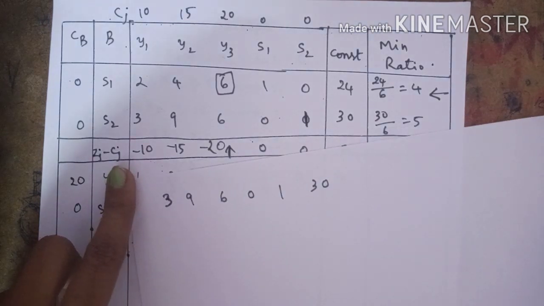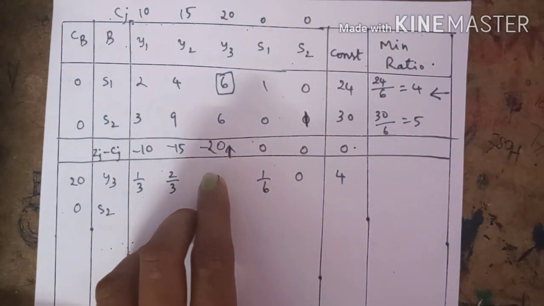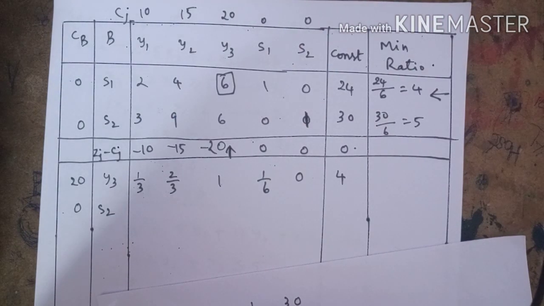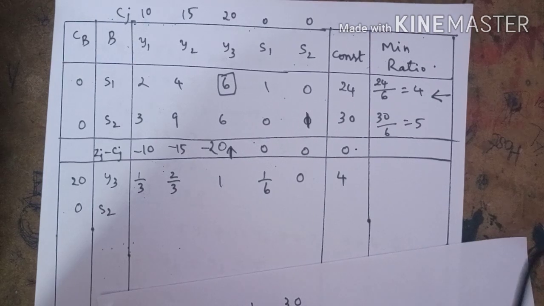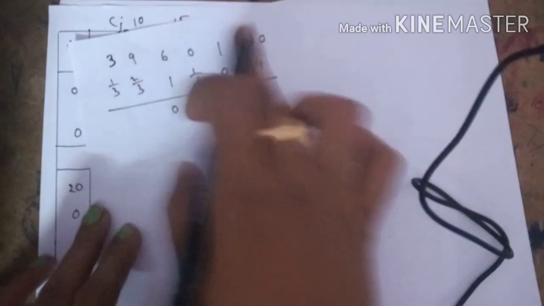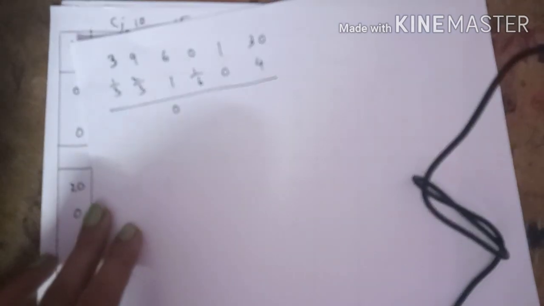Then after converting the pivot element into 1, whatever row you have got, we should write: 1 by 3, 2 by 3, 1, 1 by 6, 0, 4. Now here in the third place I have to get 0. This is the old row, and the second one is the pivot row, after converting the pivot element into 1.